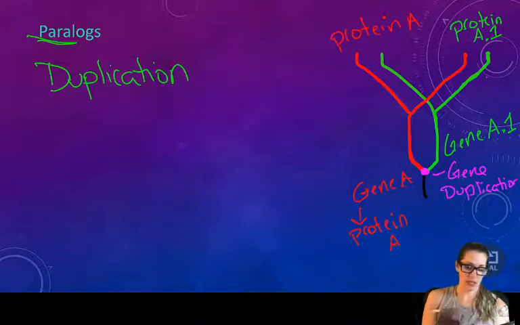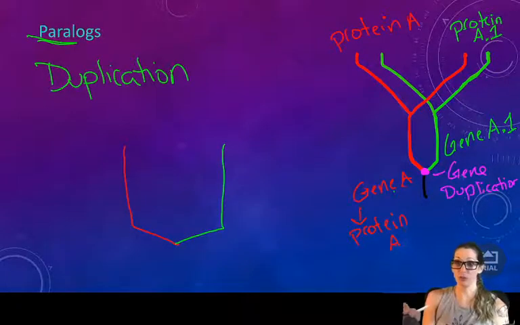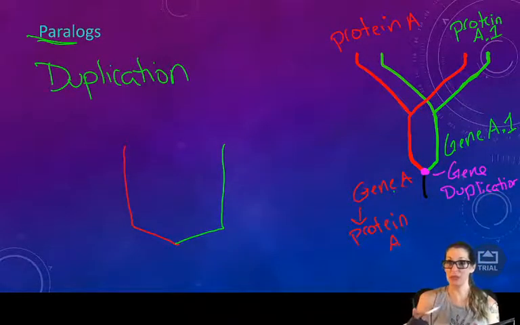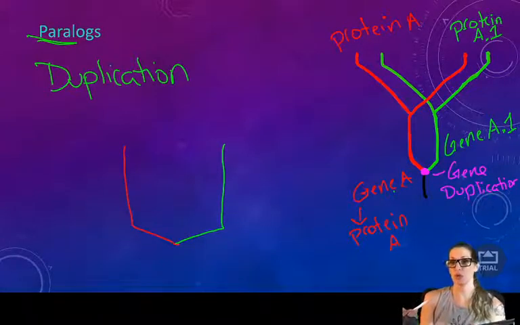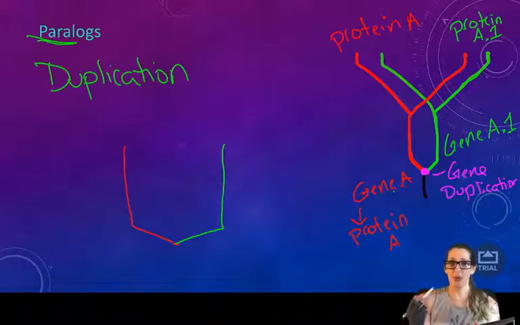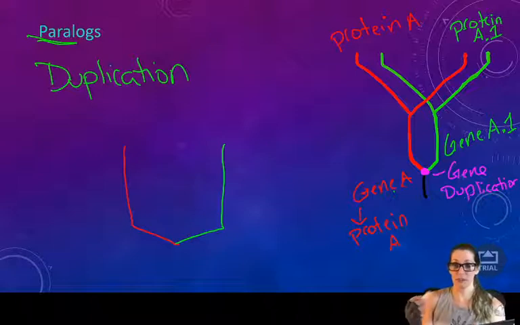And because we go to gene A and gene A.1, they can diverge. They can become different. They can possibly produce different proteins. Likely very similar proteins, but over time, they can produce different proteins.